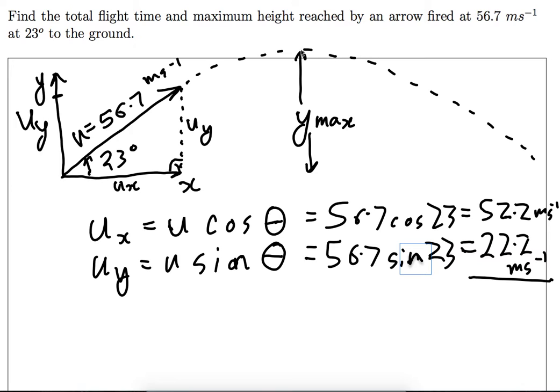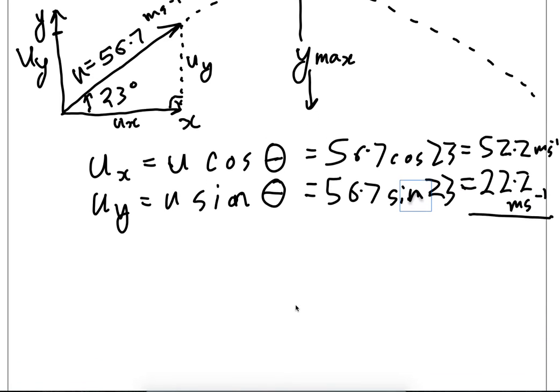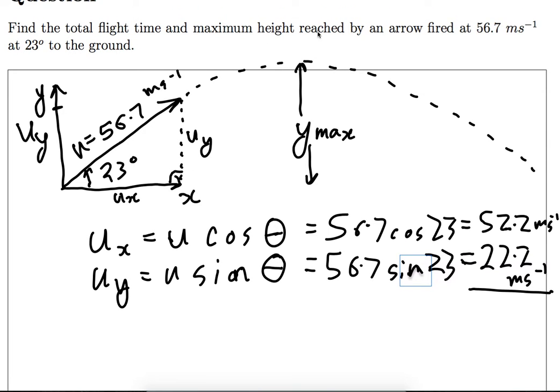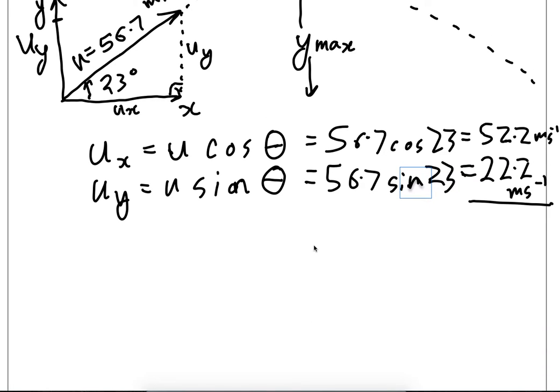So as long as we remember what we're doing, if we divide it in half, now at that maximum height, Vy, the vertical velocity, is going to be 0. So what we're actually doing is we were asked, find the flight time and the maximum height. So we're doing the flight time, trying to find out how long it will fly.